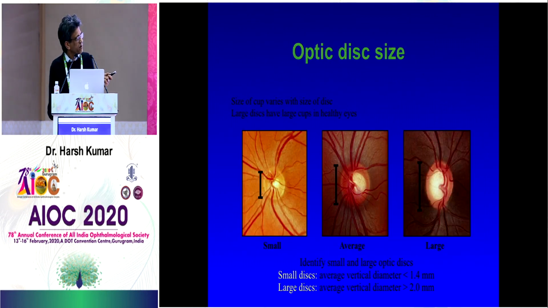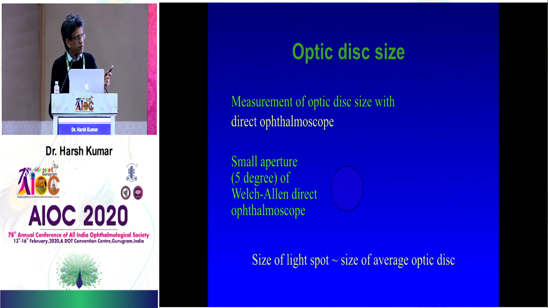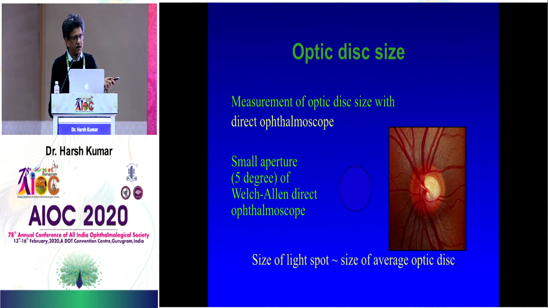So what is the normal cup disc? The normal disc will be varying from 1.4 to 2 millimeters. Why is the size of a disc very, very important, and how can you measure the size of the disc? A small aperture of 5 degree Welch-Schindler will be fitting with the disc.